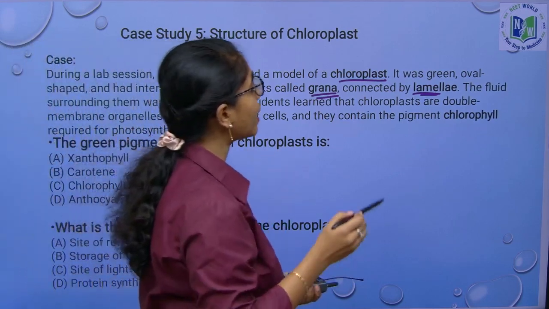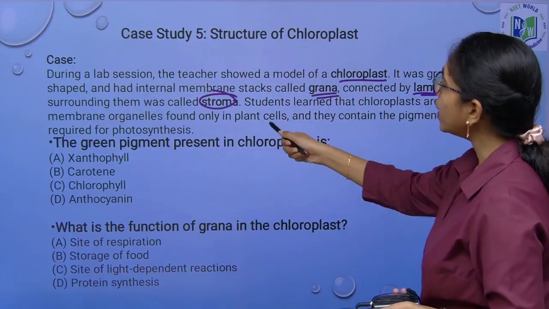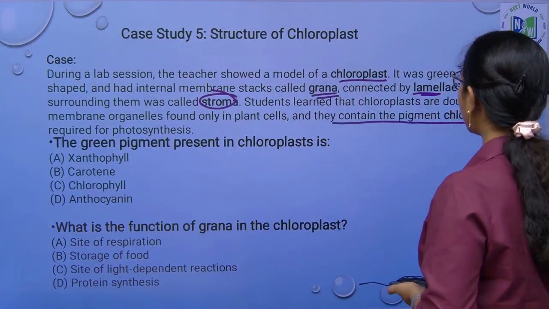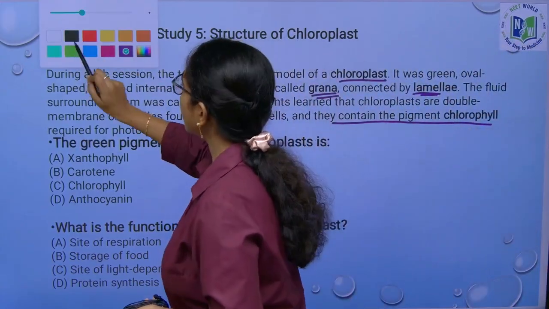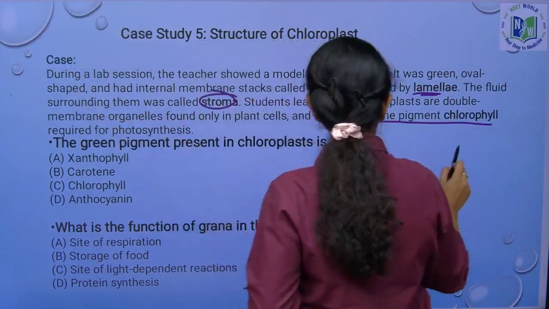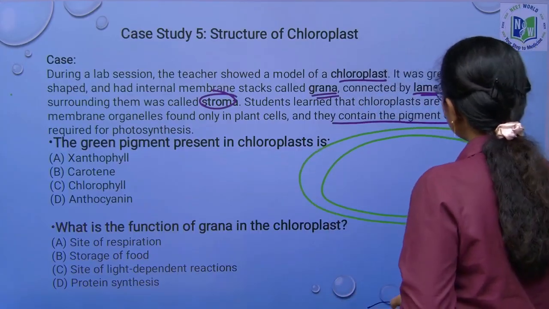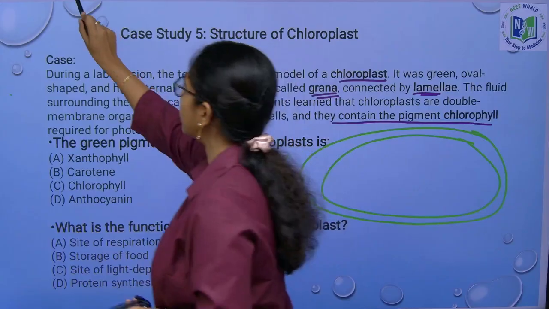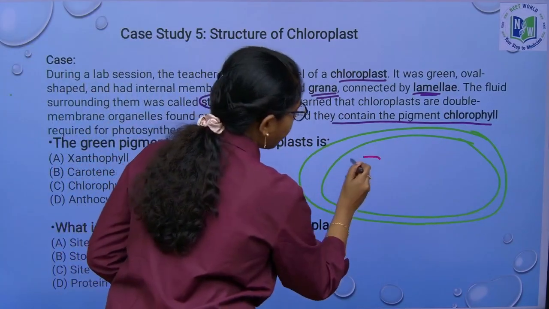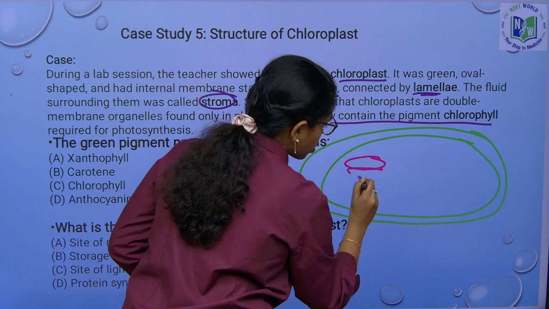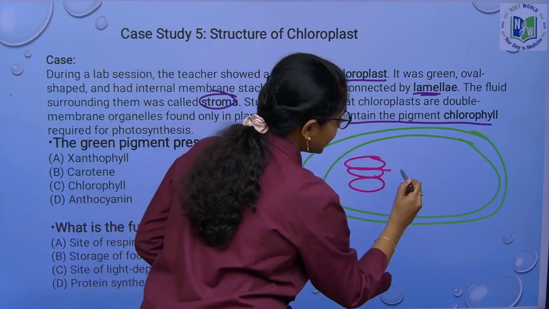Students learned that chloroplasts are double membrane bound organelles found only in plant cells, and they contain the pigment chlorophyll required for photosynthesis. So if we have to remember the chloroplast structure, it is a double membrane bound organelle inside which you have membranous sac like structures called thylakoids. A stack of these sac like structures is called grana.